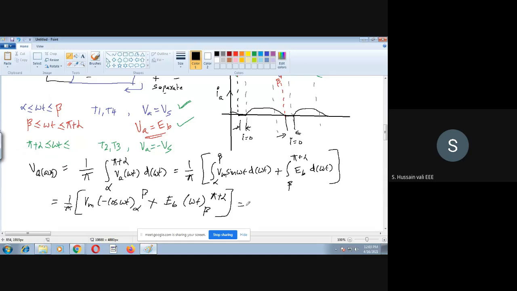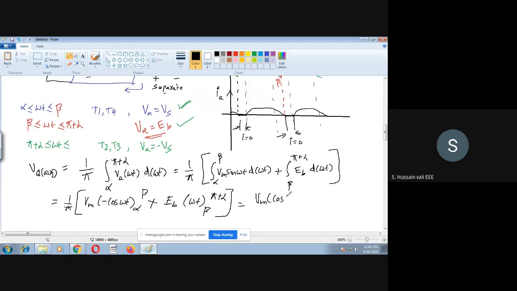Then we can simplify this further. So Vm by pi, or pi we can put later also because it's common to everyone.